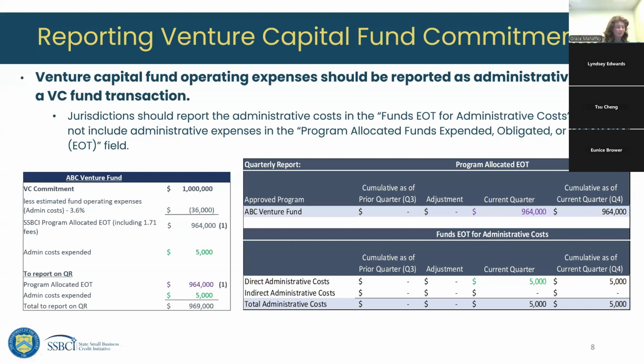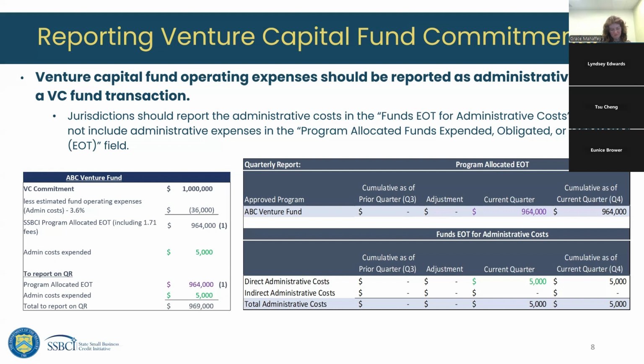This slide is relevant to jurisdictions with a VC fund program. If your jurisdiction has a VC fund program, please pay close attention and feel free to reach out if you have any questions. For a VC fund transaction, the total SSBCI commitment in a VC fund consists of SSBCI funds for the program, including 171 fees, plus administrative costs.